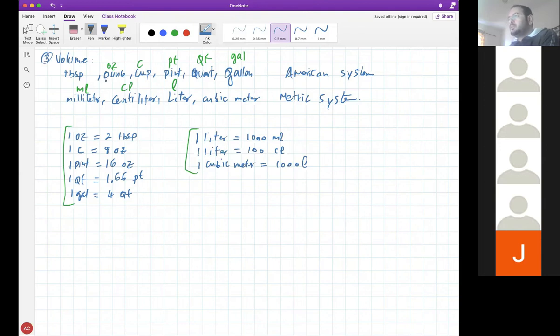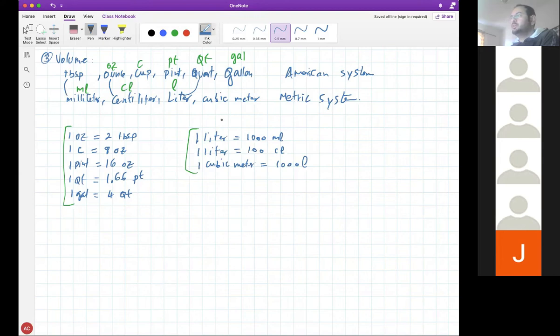Let's see which ones are the closest to each other. I would say these are almost the same, almost equal. These are pretty close.